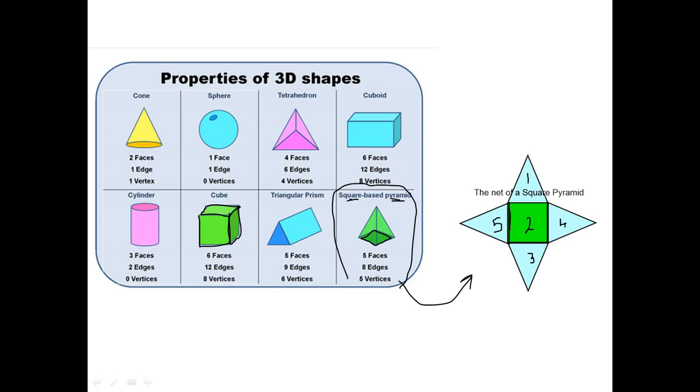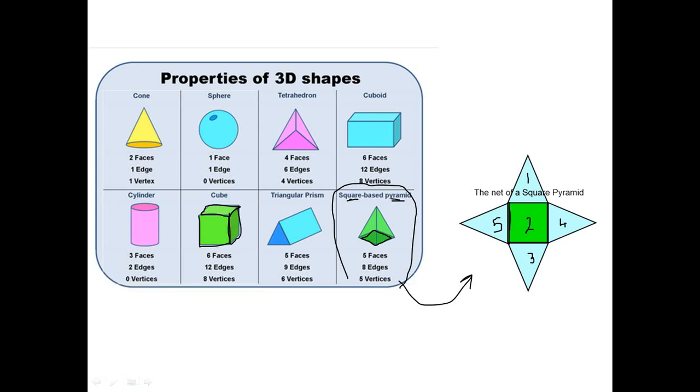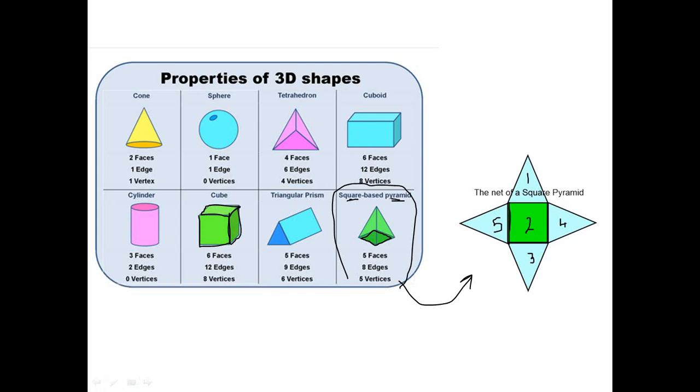Now I want to count the edges. How many edges does it have? Let's have another color here for the edges. Okay, so you can see it. 1, 2, 3, 4, 5, 6, 7, and there is one at the back which is 8.